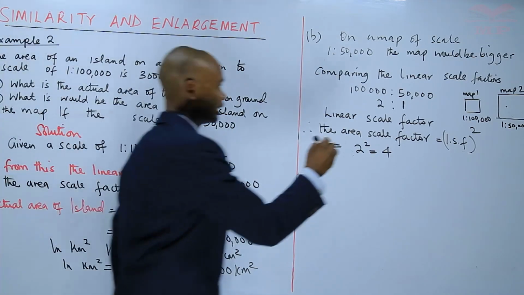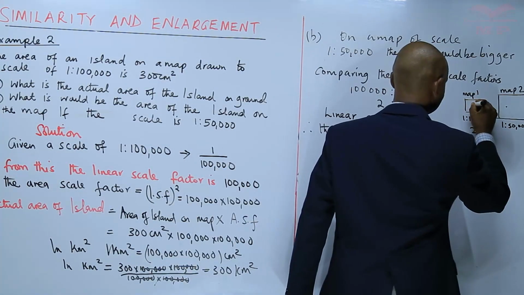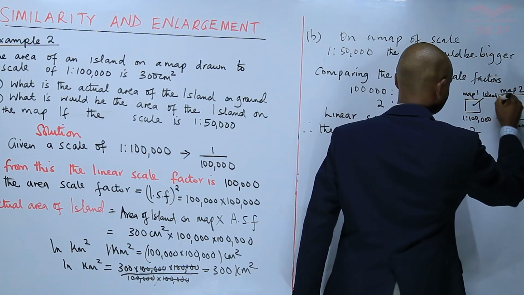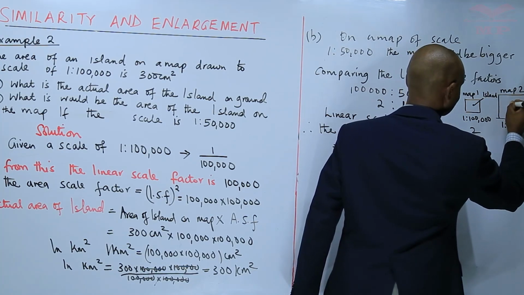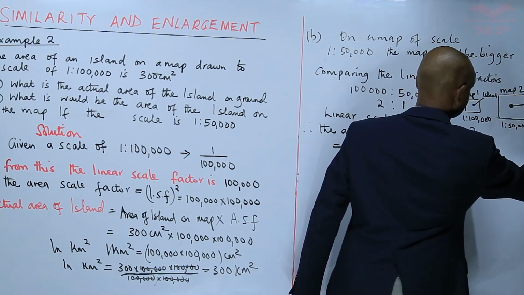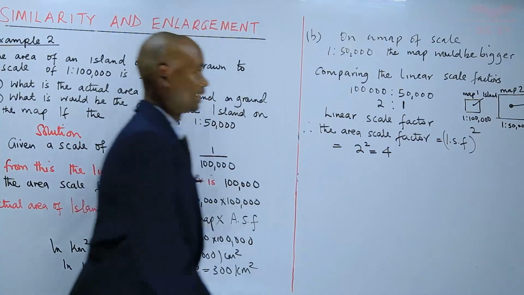So if they had an area here, this was the island. In the second map, the island would now look bigger.